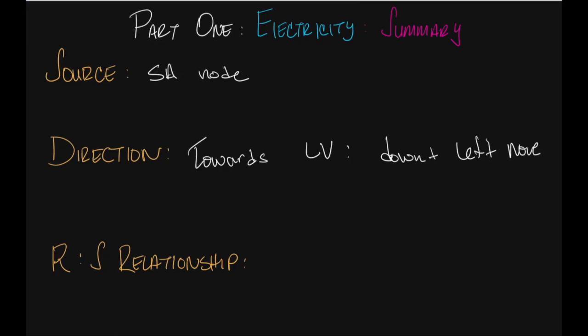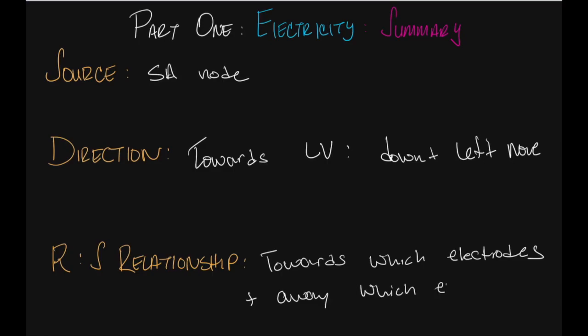And we know that our RS relationship is really just seeing towards which electrodes and away from which electrodes the electricity is flowing. And from there, we can start asking ourselves, for instance, if we see electricity flowing more towards that right ventricle, well, why would the right ventricle be working harder? Or why is the left ventricle working less?